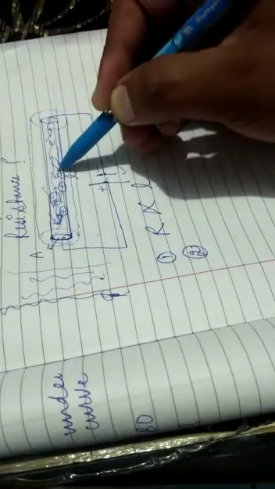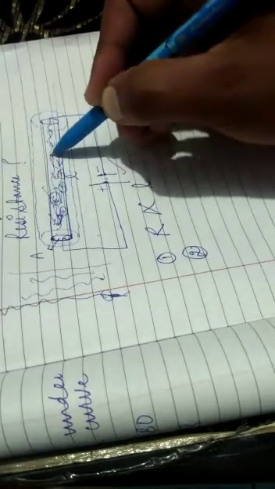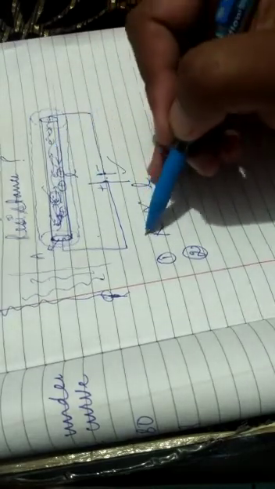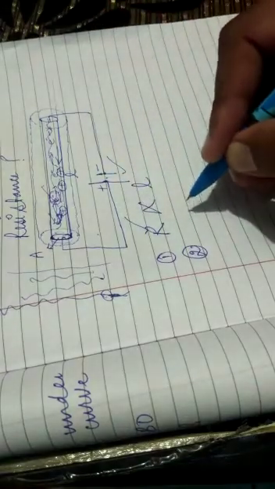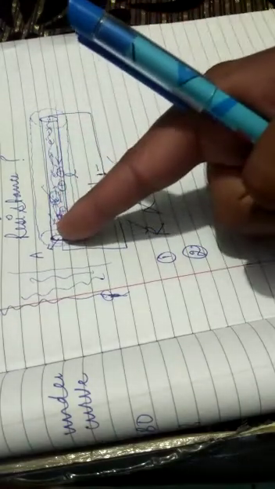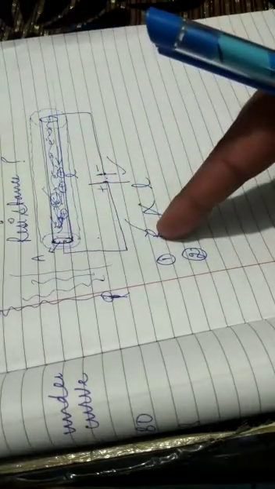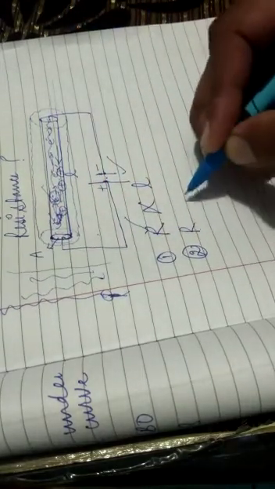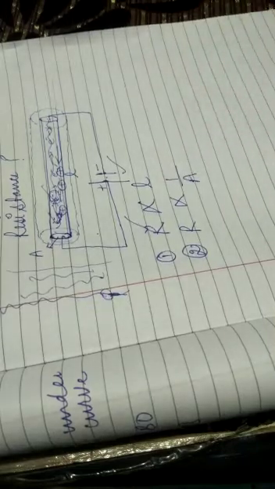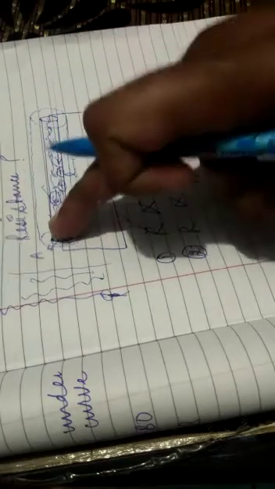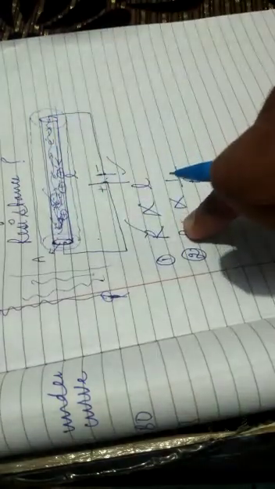If chances of striking decrease, then automatically resistance will also decrease. It means if area of cross section is more, resistance will be less. So the second factor is resistance is inversely proportional to area of cross section. Understood? If area of cross section is more, resistance will be less.